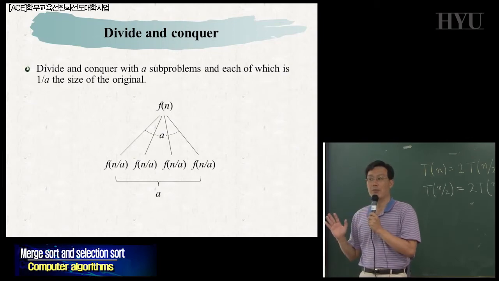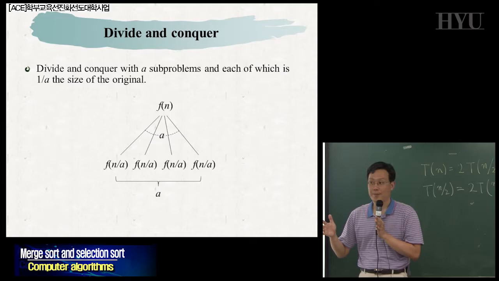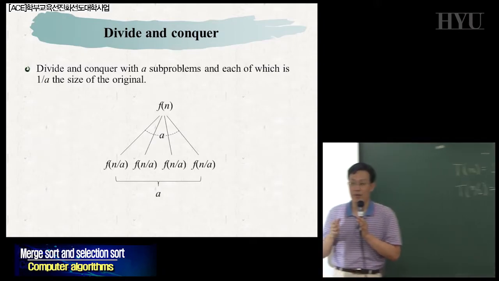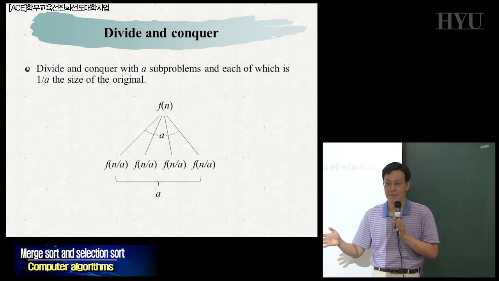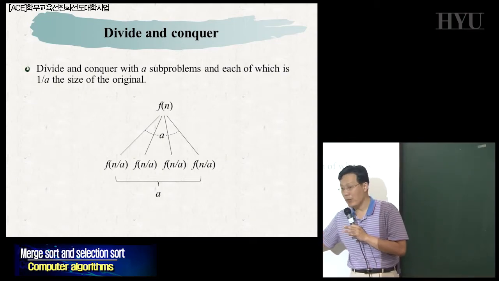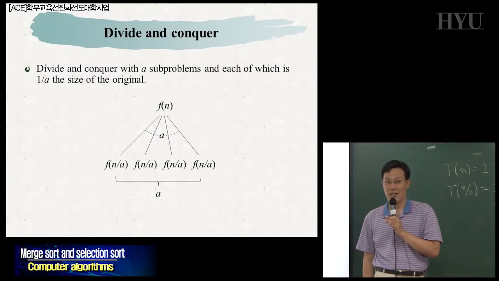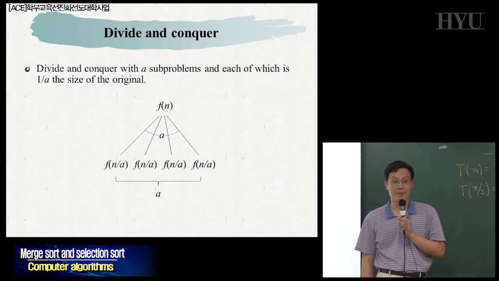The number of subproblems is not limited. There can be any number of subproblems. In this case, there are a subproblems. And each subproblem size is n over a. Okay?